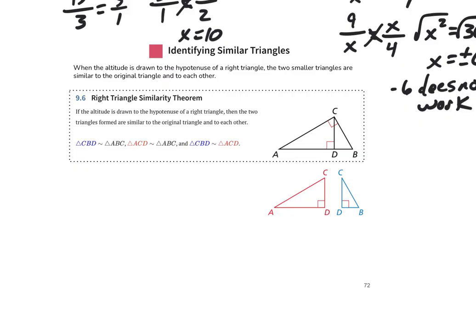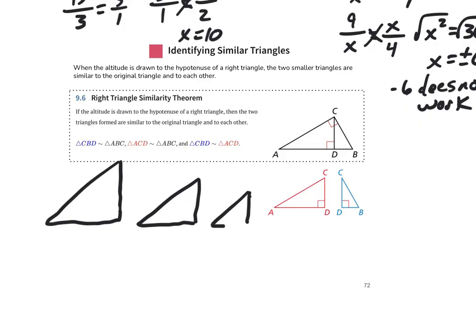But if I were to redraw these three triangles, for me, what I think is probably the most helpful, you're going to have a small one, a medium-sized one, and you're going to have a large one.